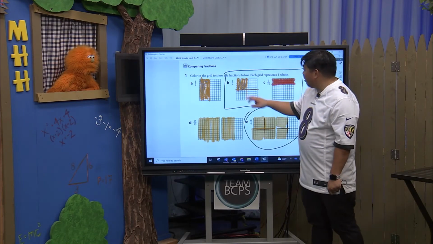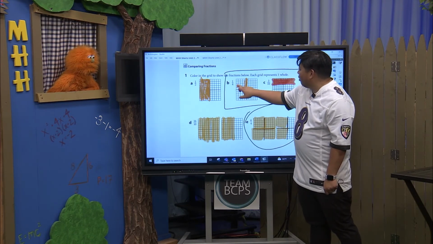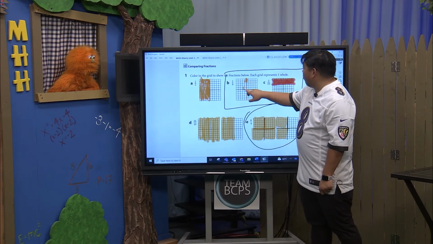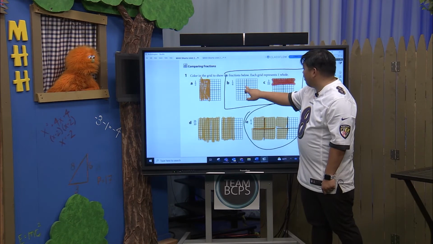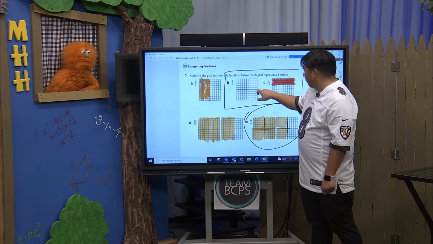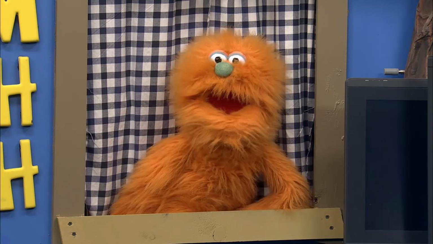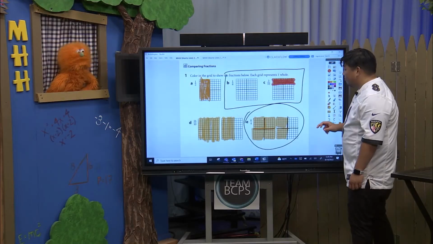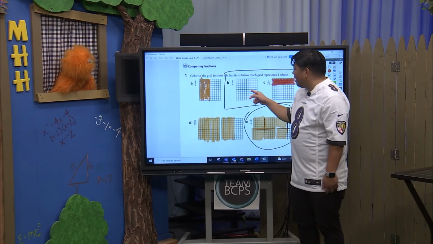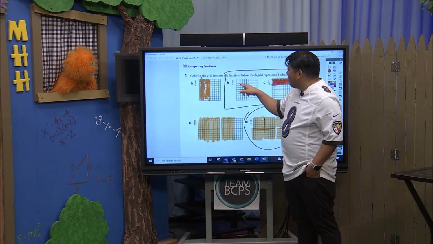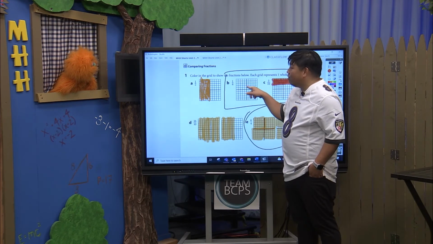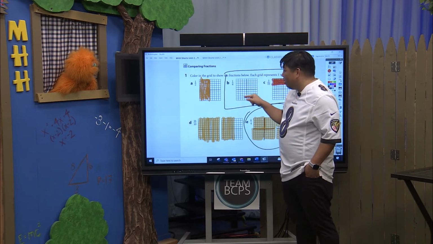Okay, so I'll tell you what. What we can do with that 1/4 is something you said earlier. You said that 1/4 is equal to how much money? A quarter, which is 25 cents. So if we shaded in 1/4 of this, we were able to see that that was also equivalent to 25 hundredths.